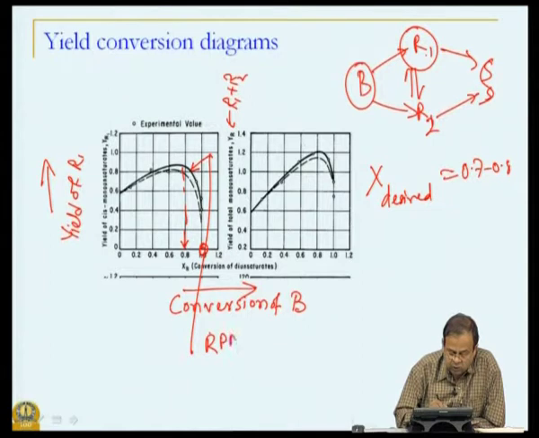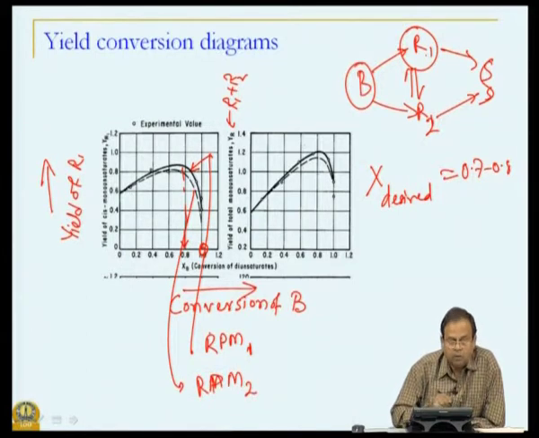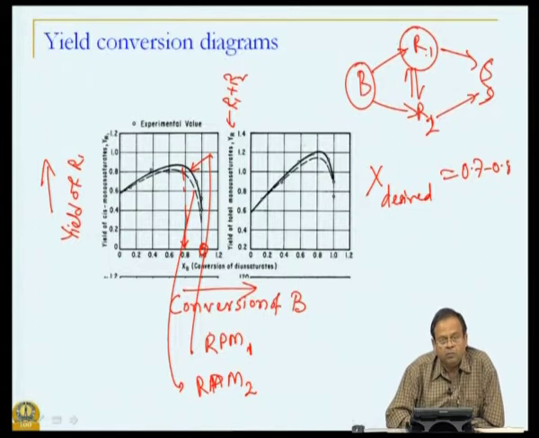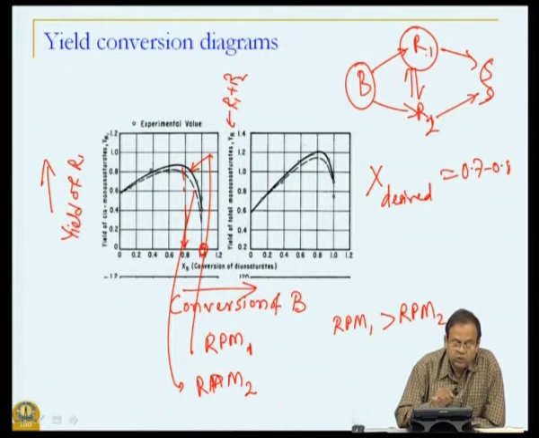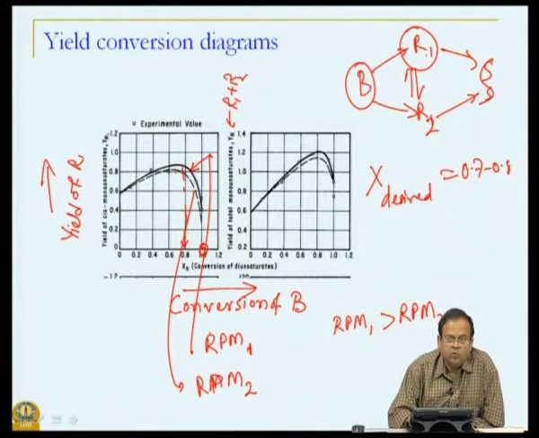So, let us say the solid line is for RPM 1 and the dotted line is for another agitation rate, RPM 2, and it turns out here that RPM 1 is greater than RPM 2. In other words, the solid lines are the results where you have agitated the system less.